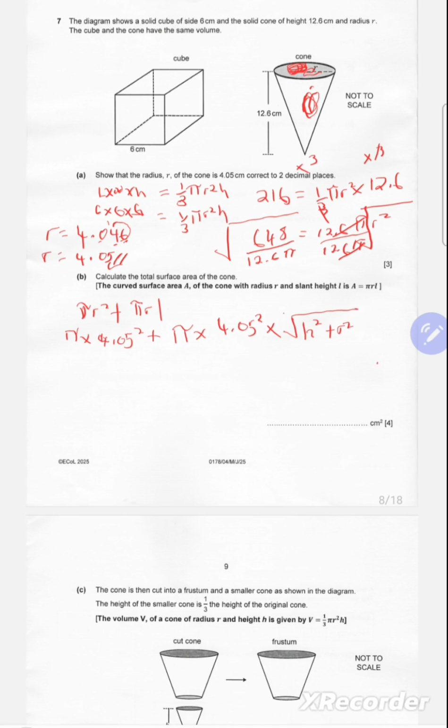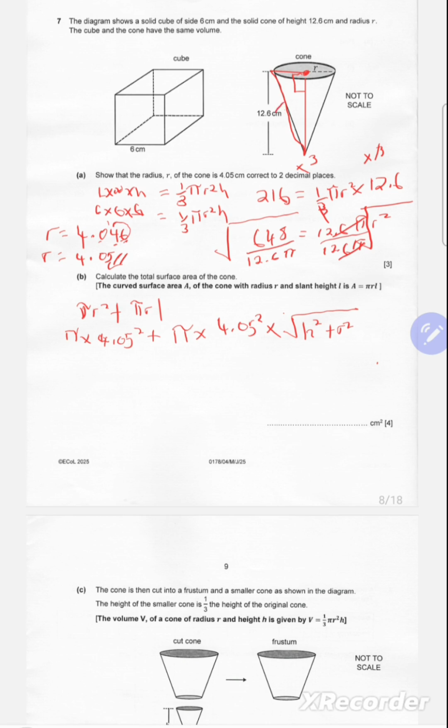How do we know that this is our slant height? It is because when you look at this, this is your r here and this is your height here. This forms 90 degrees, and together with the slant height it forms a right-angled triangle.